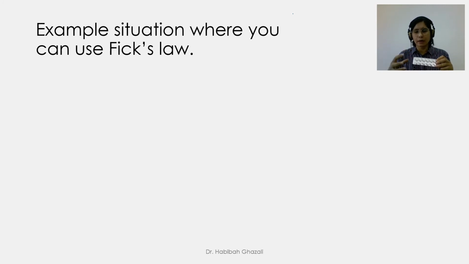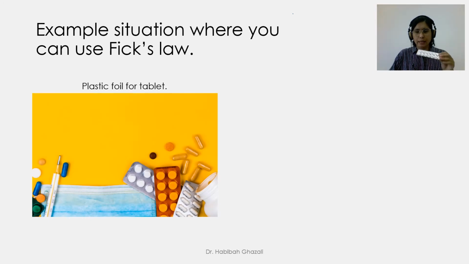If you have designed it with a certain thickness, you want to know, if I use this as the protection for this tablet, what is the concentration of oxygen that is going to be inside this plastic foil, and will it spoil your product? So you can use Fick's first law to get this concentration of oxygen inside this product.